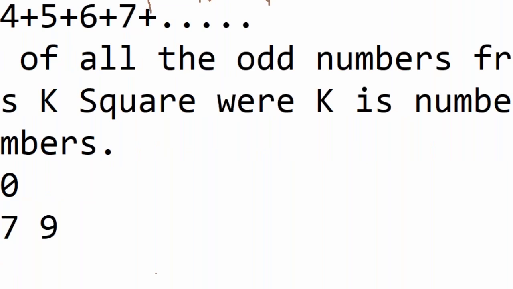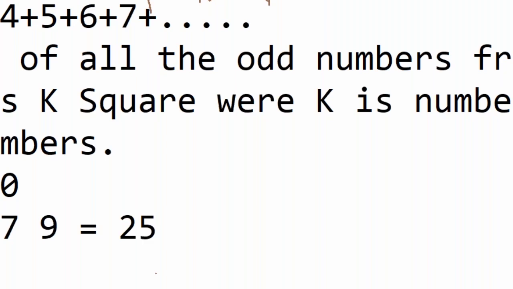Whenever the given numbers are few, by using the manual method also you may get the value. 1 plus 3 is 4. 4 plus 5, 9. 9 plus 7, 16. 16 plus 9, 25. So the sum of these 5 odd numbers is 25.